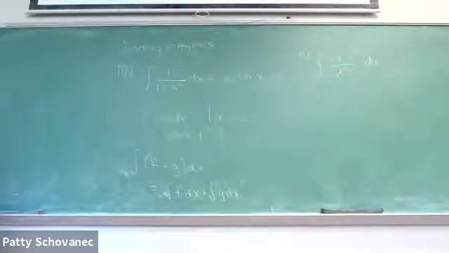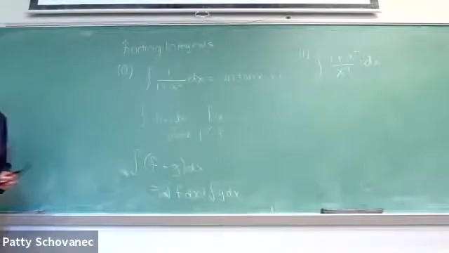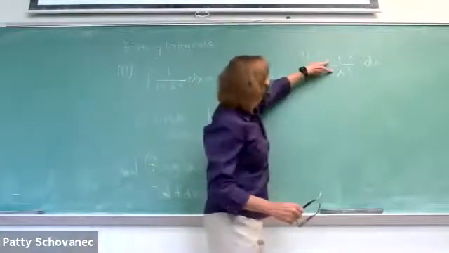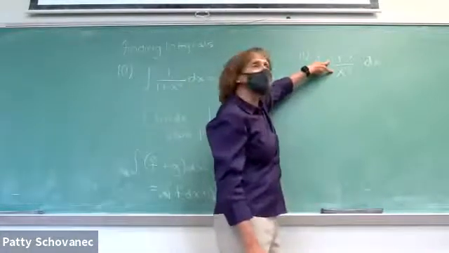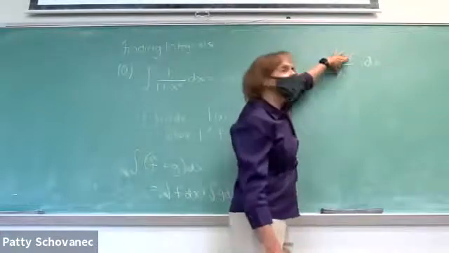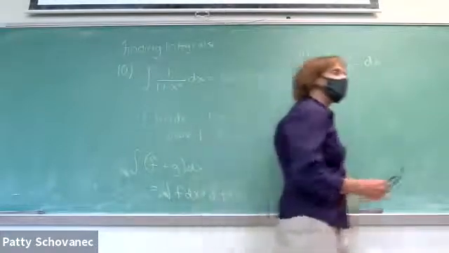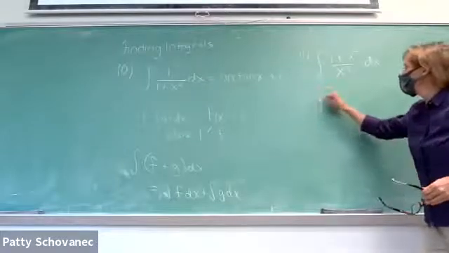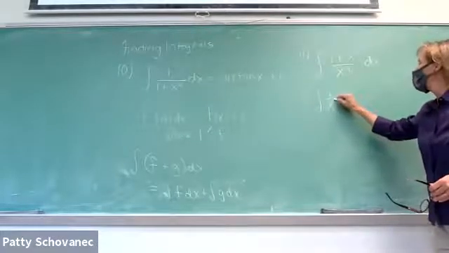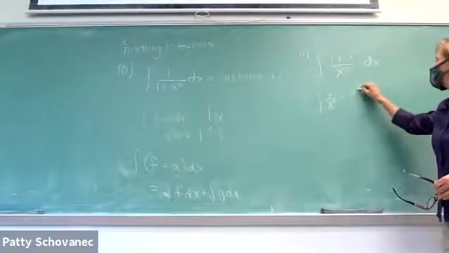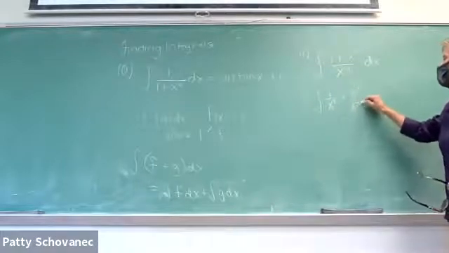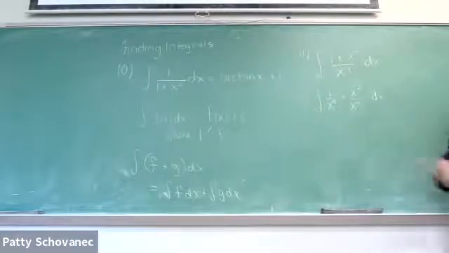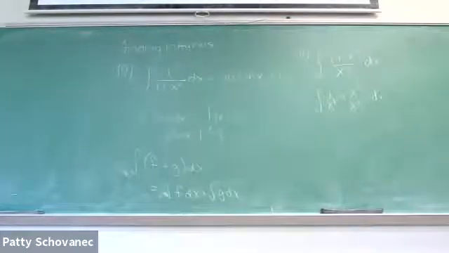So what we've got to do to this one is break this up first into two fractions: 1 over x to the 4th plus x squared over x to the 4th. So split the numerator. Then we've got to move those upstairs so they look like an x to a power, and then we can use our power rule.